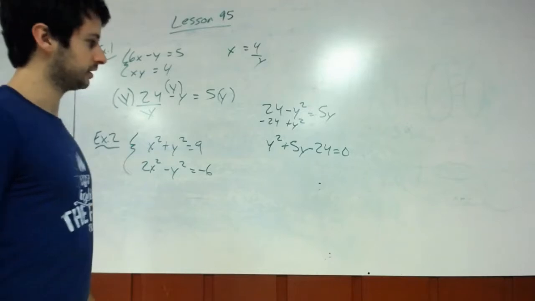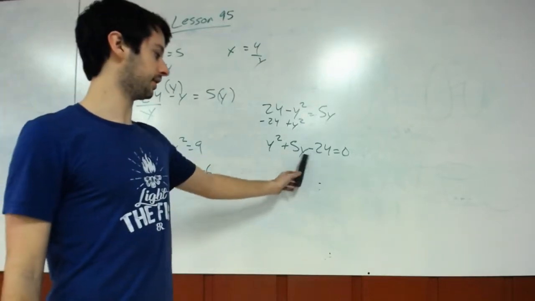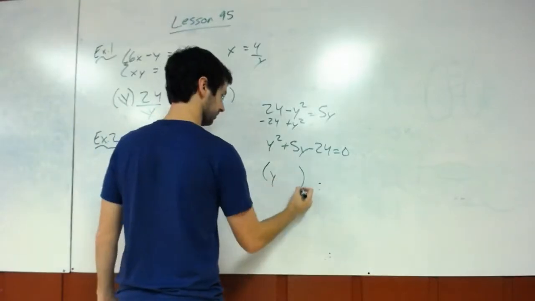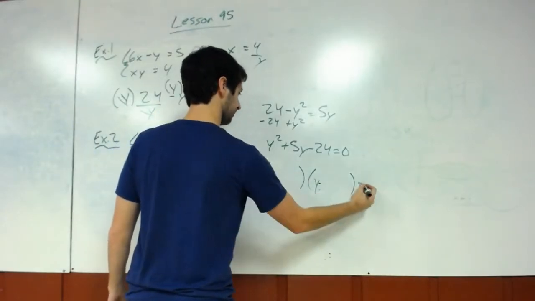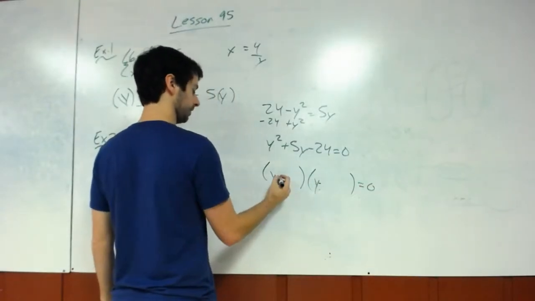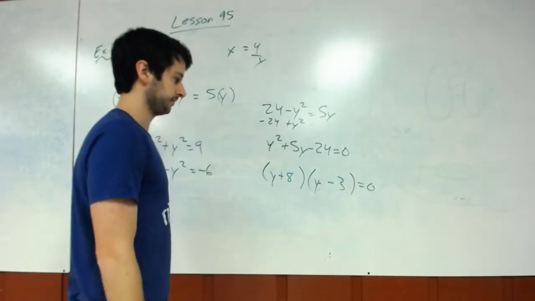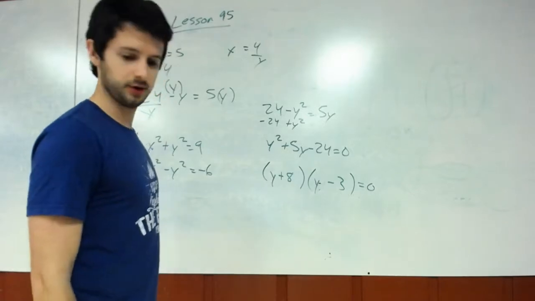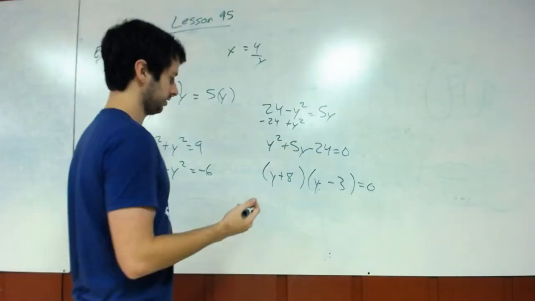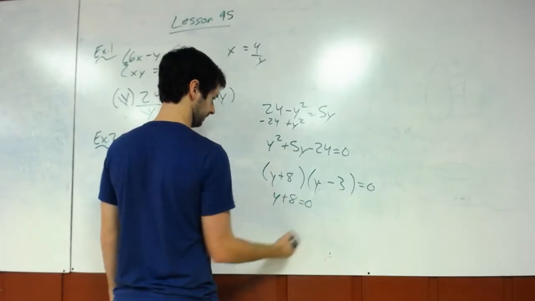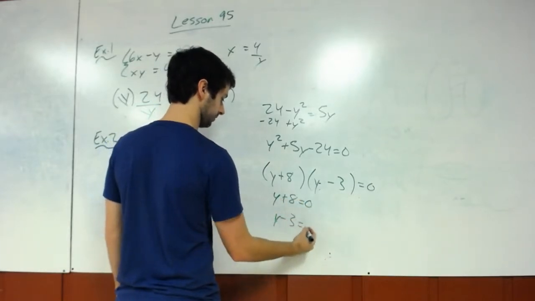Is there anything that can multiply to be negative 24 and add to positive 5? Well, we could do positive 8 and negative 3 for our factors. So y plus 8 equals 0, and y minus 3 equals 0.